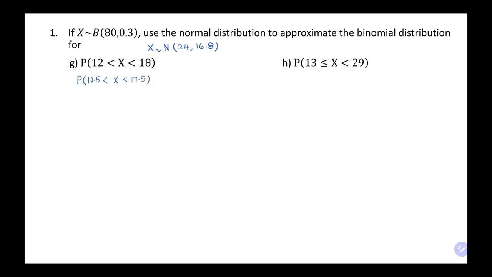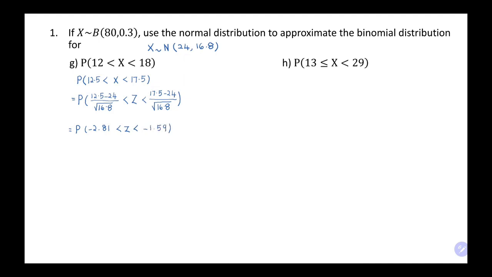After we use CC, we convert to Z. So 12.5 minus 24 divided by square root of 16.8. Z. 17.5 minus 24 divided by square root of 16.8. Next we solve. We get answer negative 2.81 and negative 1.59.